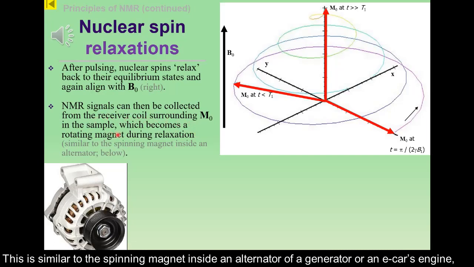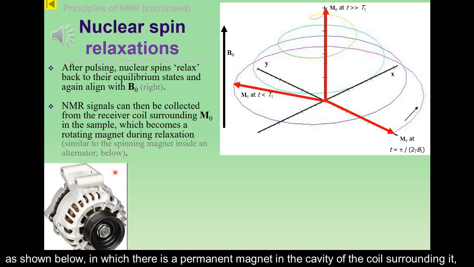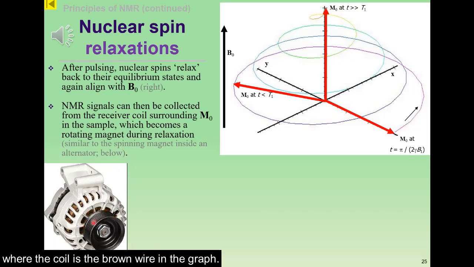This is similar to the spinning magnet inside an alternator of a generator or a car's engine, as shown below, in which there is a permanent magnet in the cavity of a coil surrounding it, where the coil is the brown wire in the graph.